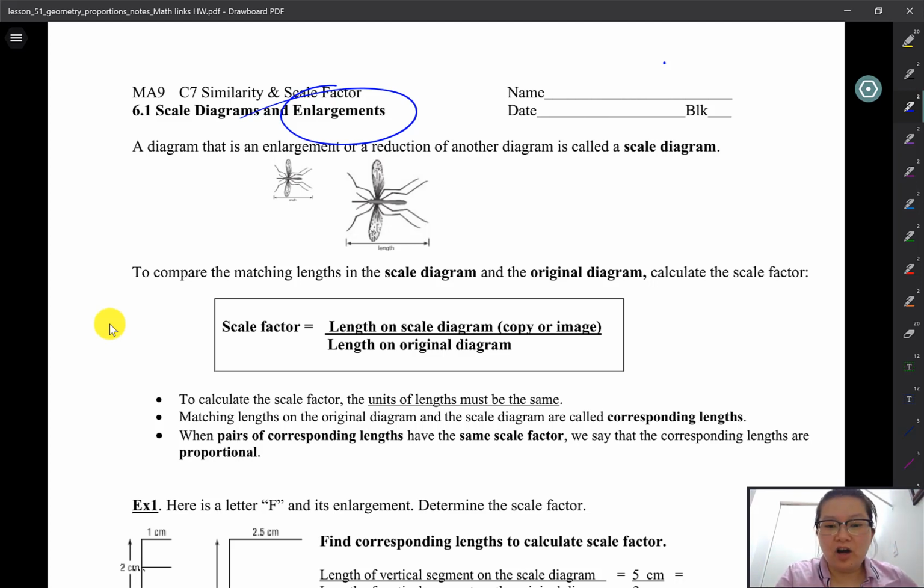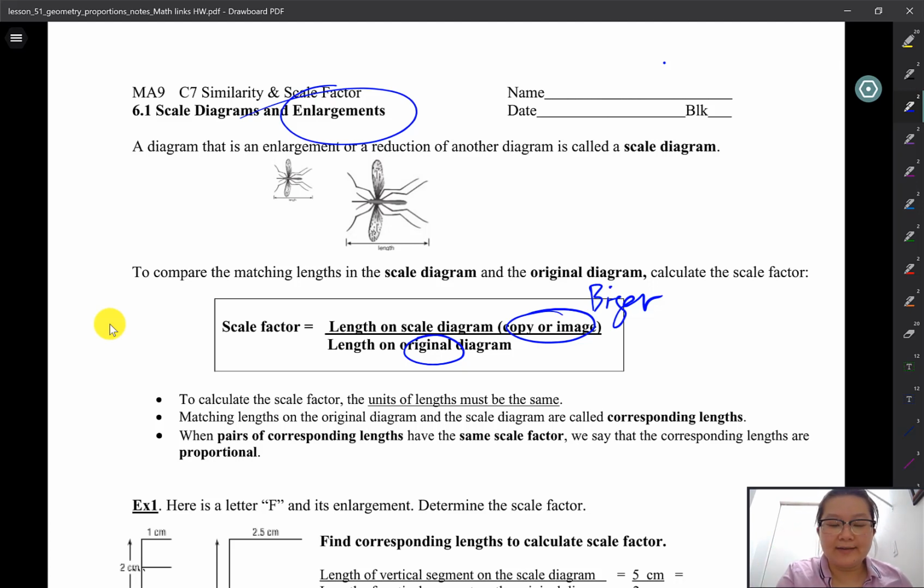So if your image is on top and your original is on the bottom, let's say this is an enlargement, meaning that this big fat mosquito is going to be blown up. The size of it is going to be bigger. If the top is bigger than the bottom, that means you're going to have a scale factor that is greater than 1.